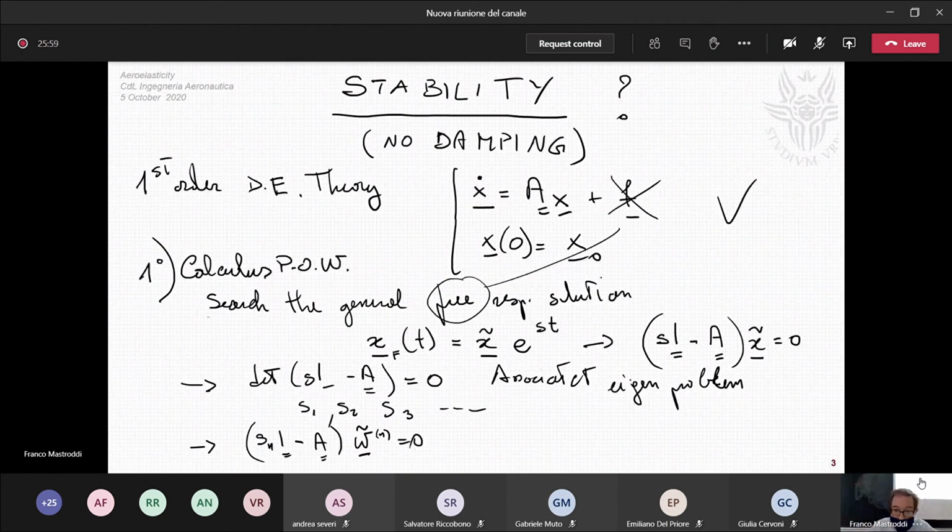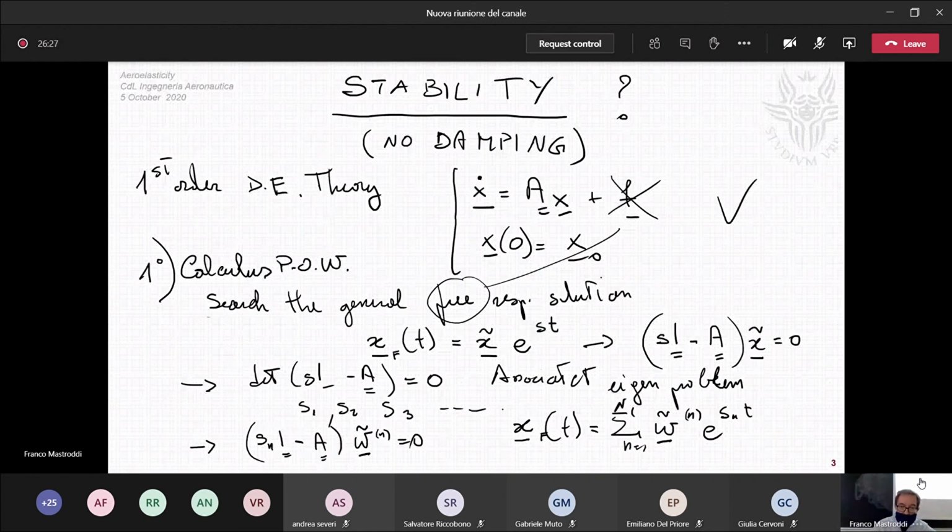And therefore, the general free solution, X free, of the free problem in time, is a combination of all your found solutions, the eigenvectors multiplied by e to the power s_n t, for n spanning from 1 to the dimension of the space.